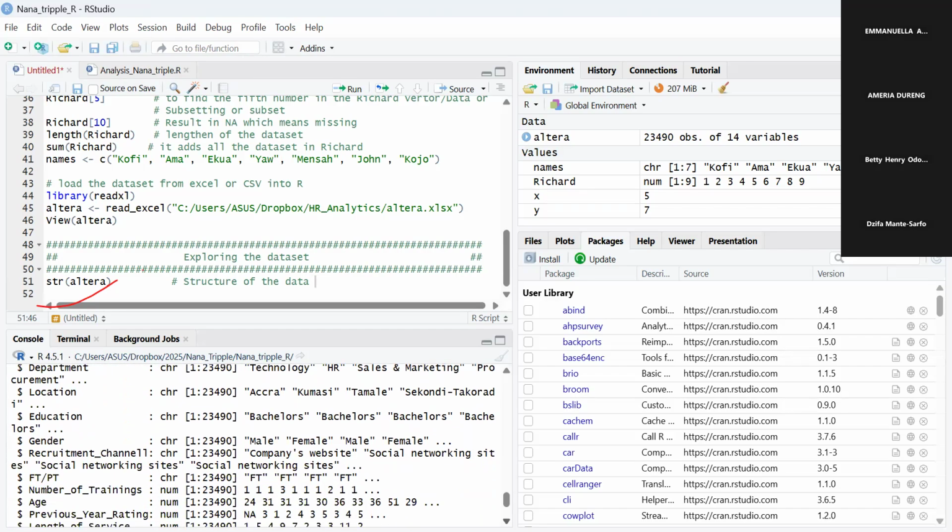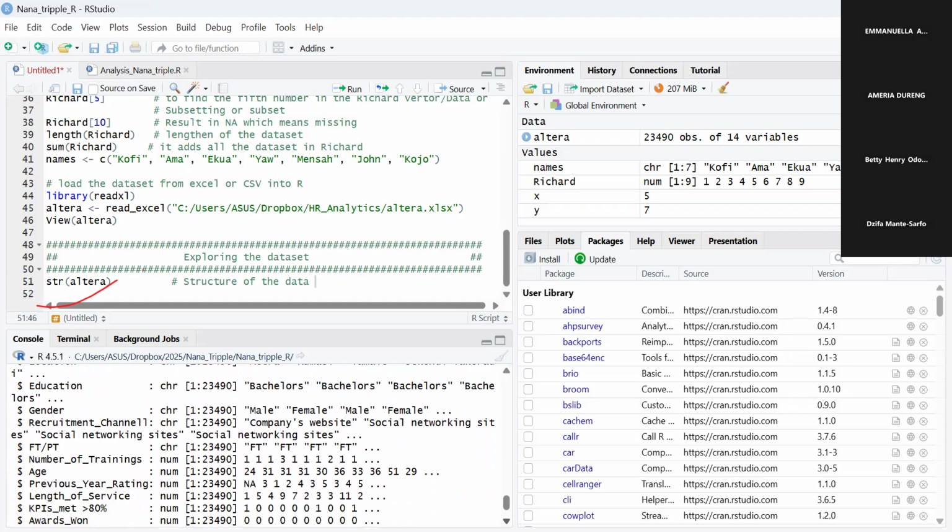What else again? Gender is there. Recruitment channel, how were they recruited? Full-time or part-time is there. Number of trainings that people have attended, age is there. Previous rating, you see there's NA there. What is NA, ladies and gentlemen? Not available, or missing data.